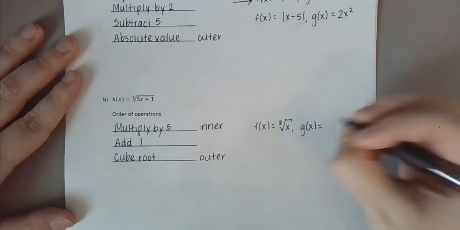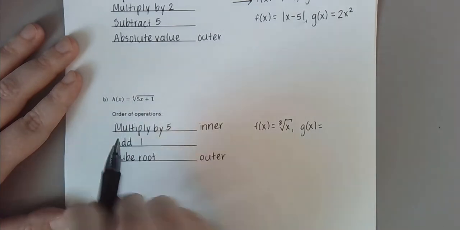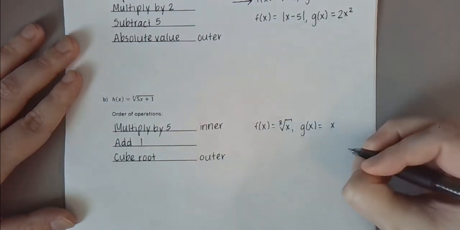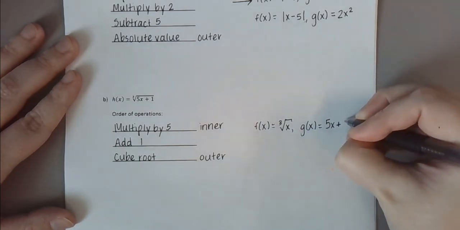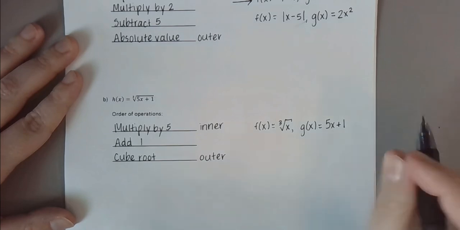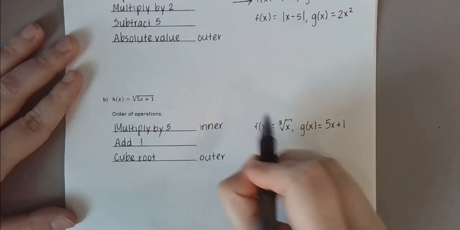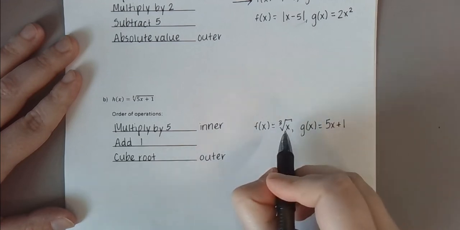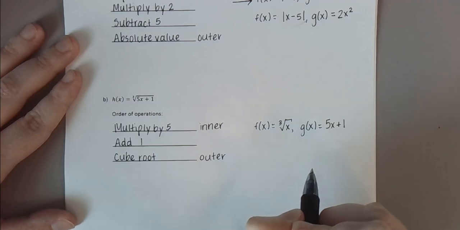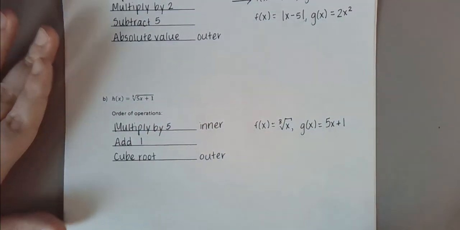So that means g of x would take our input, it would multiply it by 5, and then it would add 1. So take your input, multiply it by 5, and then take the result of that and add 1. Again, imagine composing these two together. G of x composed into f of x would take 5x plus 1, and it would make that the input for our cube root function, which again would result in the original function we started with.